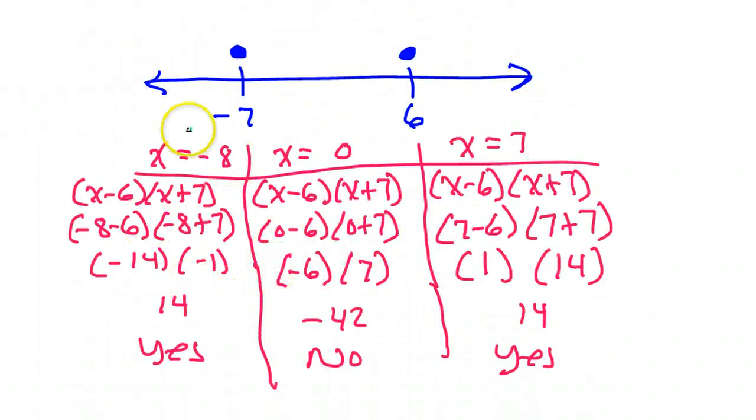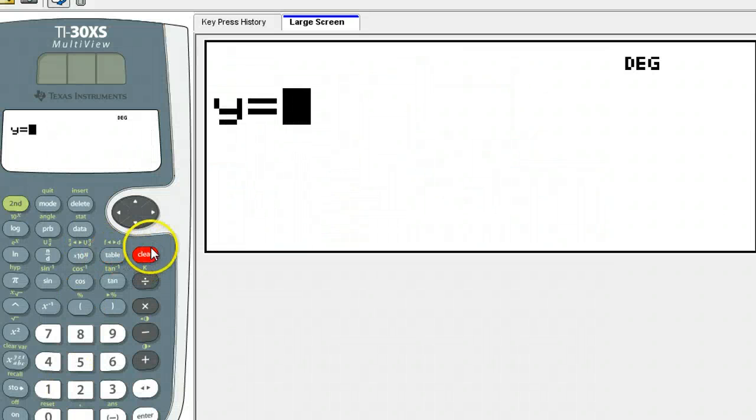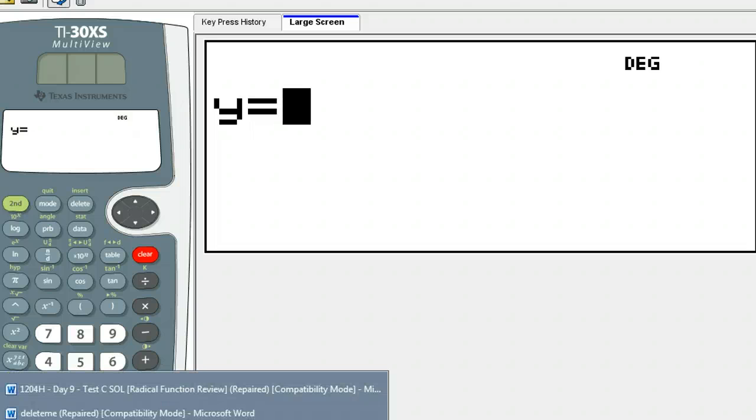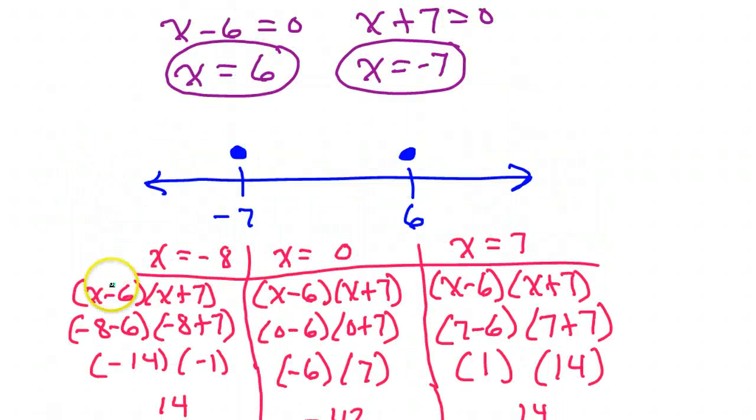Okay, if we were allowed to use our TI-30XS multiview, we would have typed in the equation here and just looked at the table of values to answer this question. Anyway, so the places where we got true statements, that's where the solutions are.